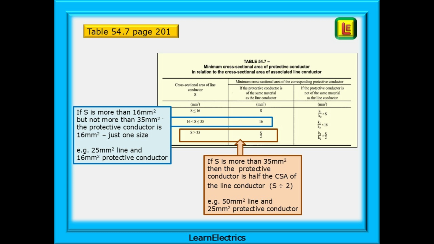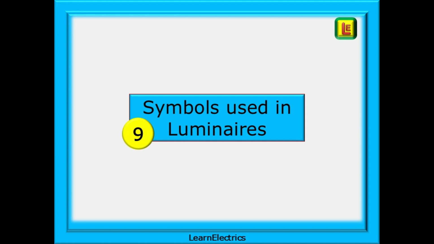For the third row, if S is more than 35 square millimeters, then the protective conductor is half the CSA of the line conductor. So we would have, for example, a 50 square millimeter line and a 25 square millimeter protective conductor.